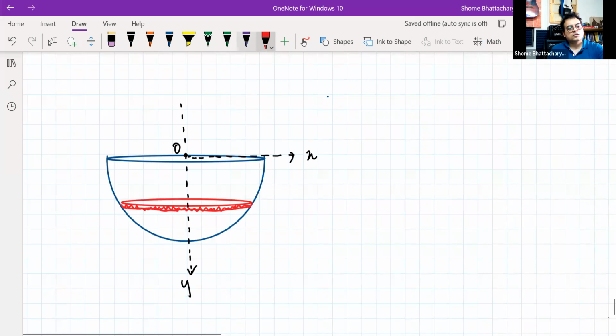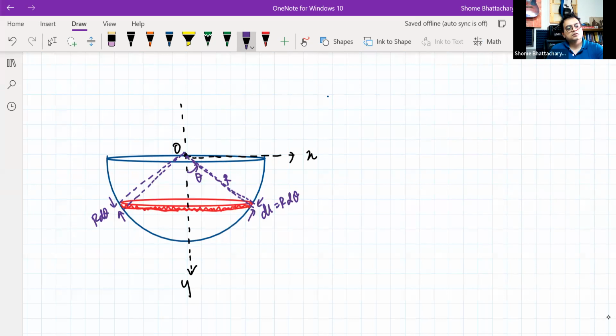We take the position of the ring with respect to this y-axis as theta. The ring's thickness itself also subtends a small arc, so the thickness of the ring, dl, becomes r d theta. This angle is d theta.